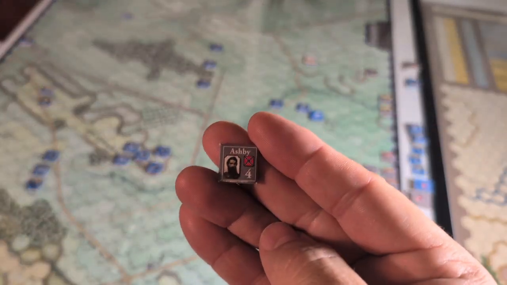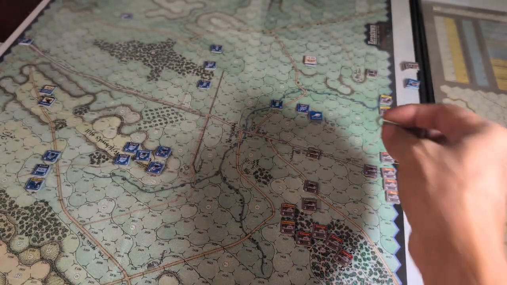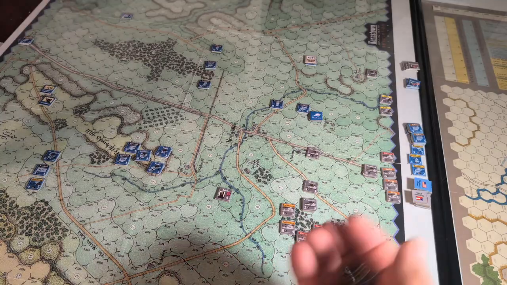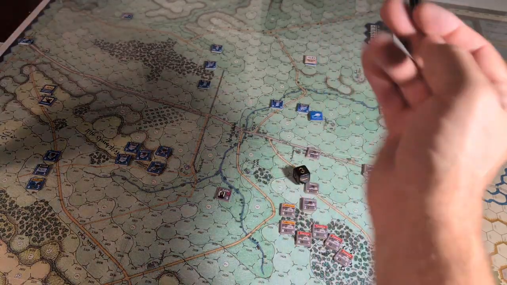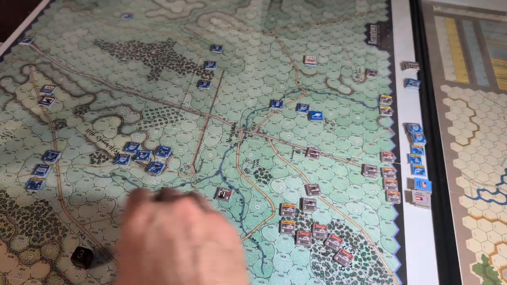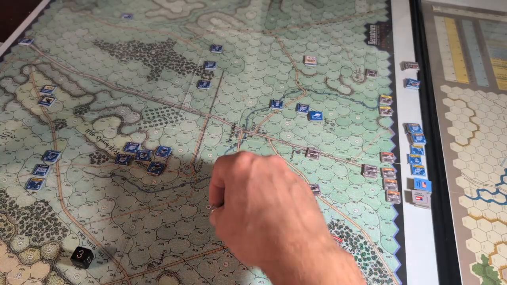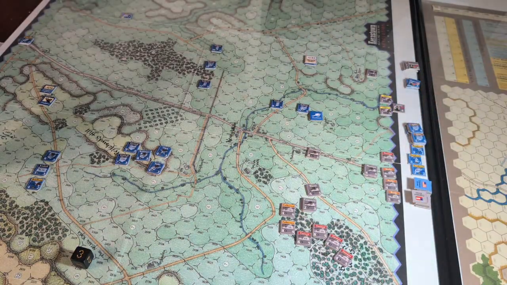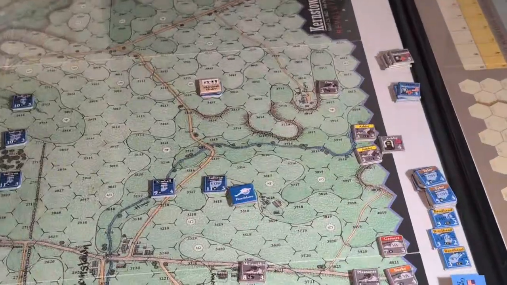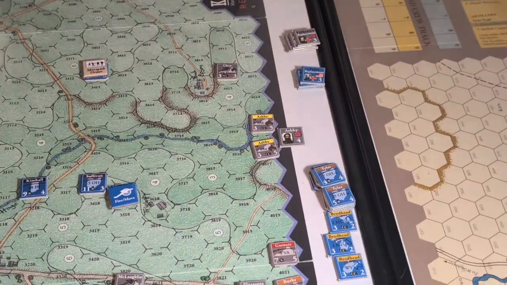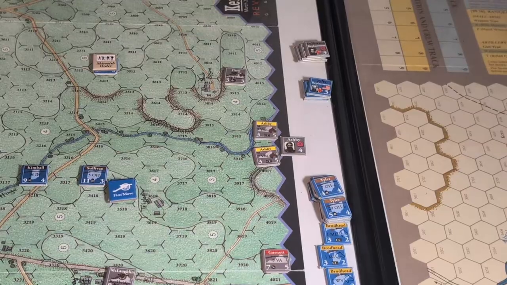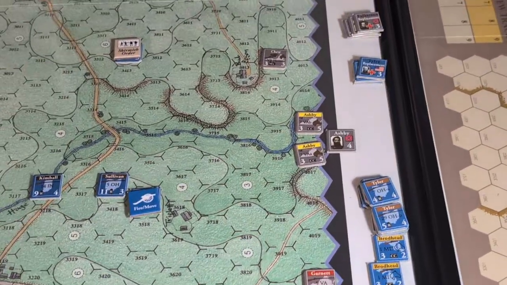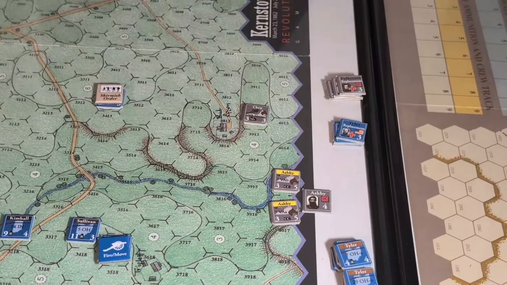All right, so we've got Ashby. We've got to roll a 4 or less. Rolled a 3, so Ashby gets to activate. So his units are over there.